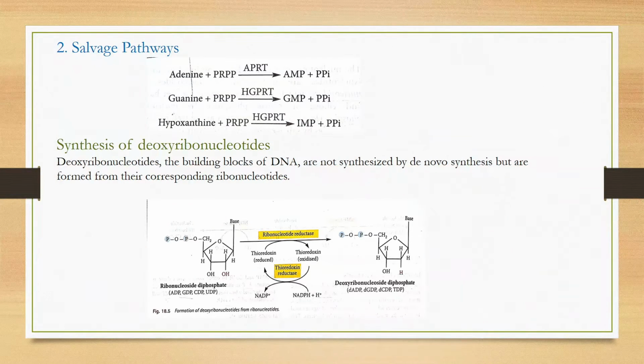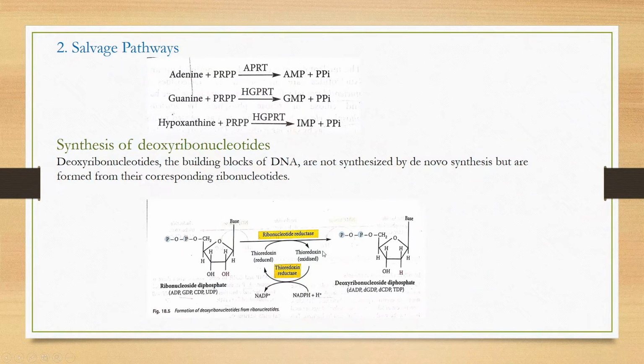Ribonucleotides undergo reduction at the C2 position, where the hydroxyl group on the ribose moiety is replaced by a hydrogen atom. The enzyme is ribonucleotide reductase. It catalyzes the reaction for all four ribonucleotides, so that from all these ribonucleotides, deoxyribonucleoside 5-phosphates are formed.